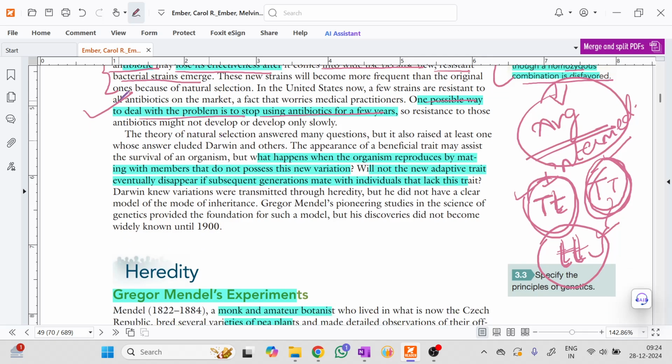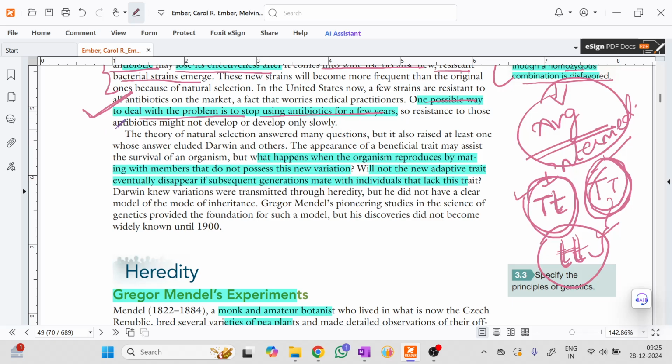If you stop antibiotics for a few years, then, given the lower reproductive span of bacteria, the dominant or resistant variant is going to lose its edge.